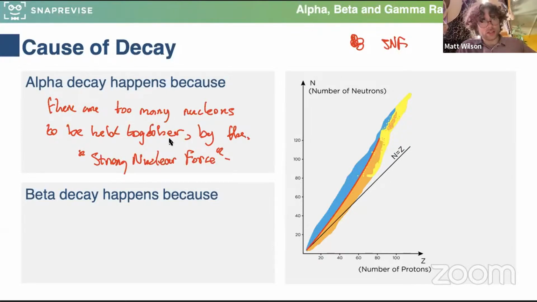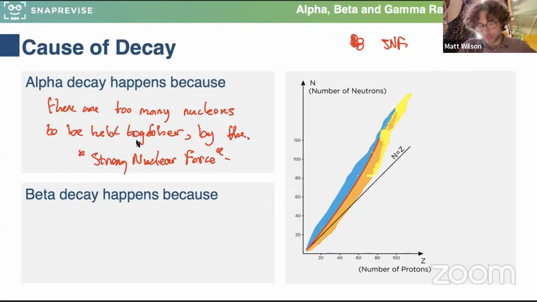Now, on the other hand, beta decay isn't about having too many nucleons in general, because you just change one kind of nucleon for another. You change from protons to neutrons. So what's going on there is that you must have some kind of imbalance. You must have too many protons or too many neutrons for the atom to stay together.